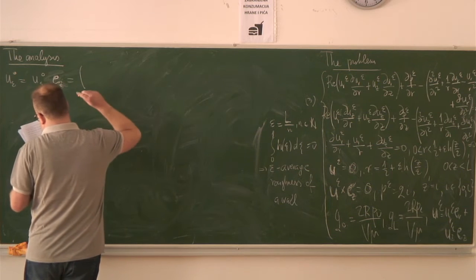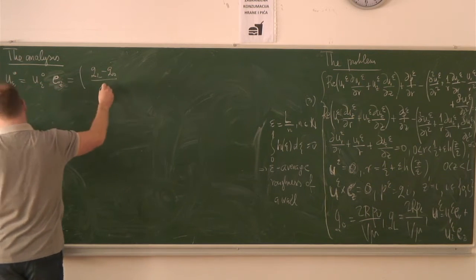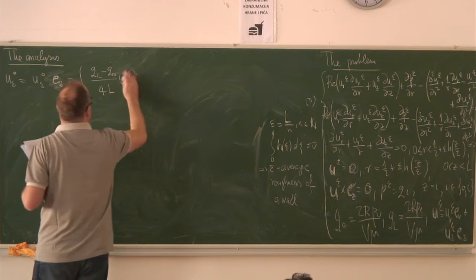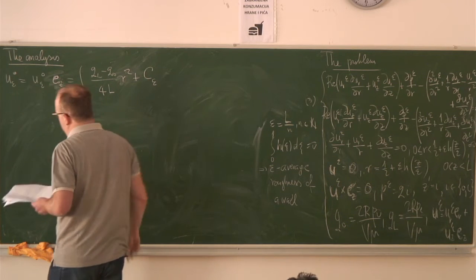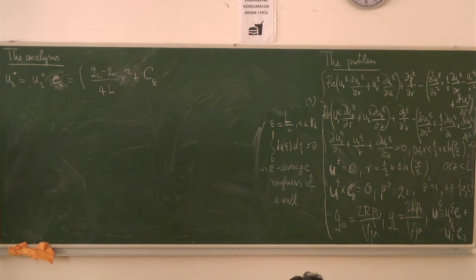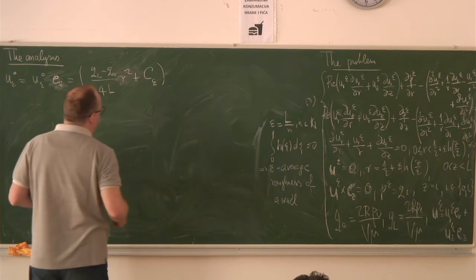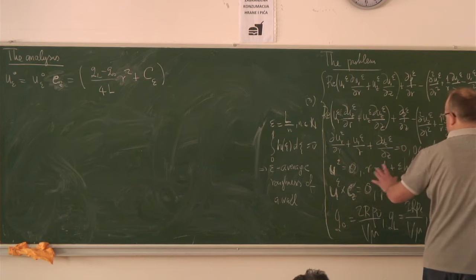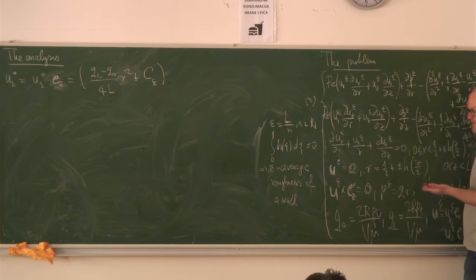So we have the Poisson part, which depends on the radial variable. Excuse me. And we correct it, of course, due to this roughness of the pipe, with some constant that will be computed in order for our approximation to satisfy the no-slip boundary condition on the rough boundary.